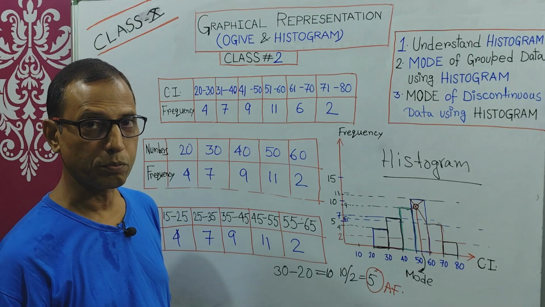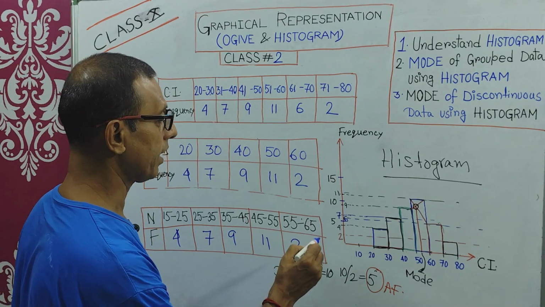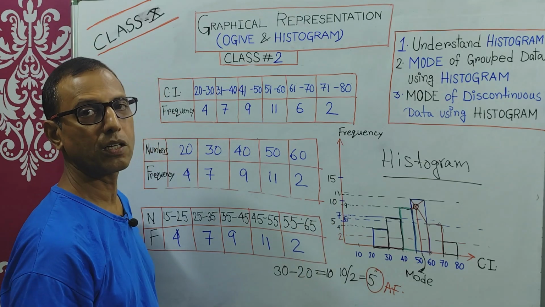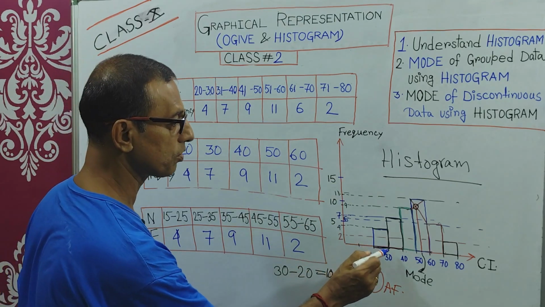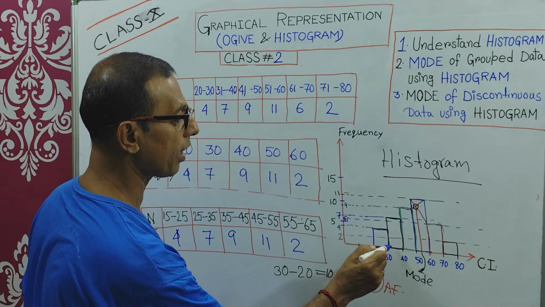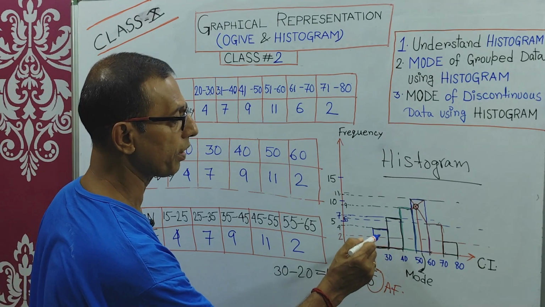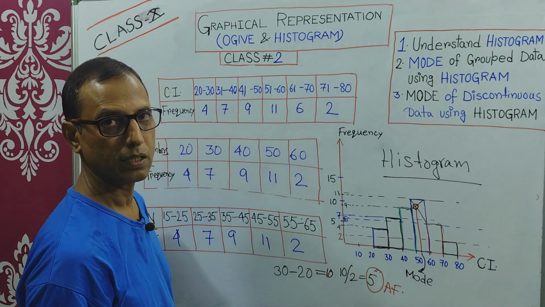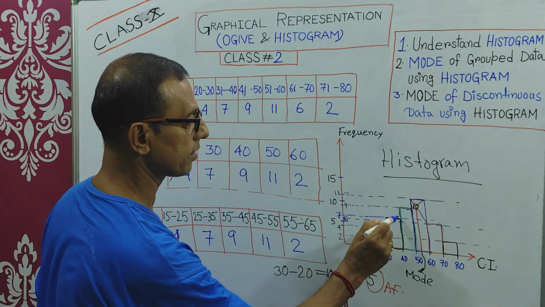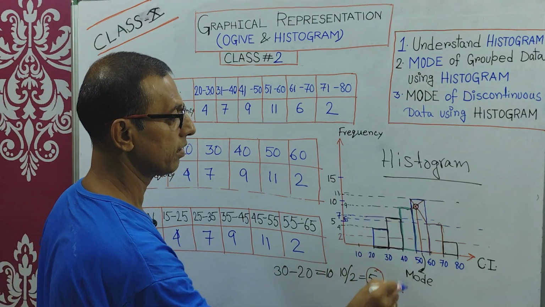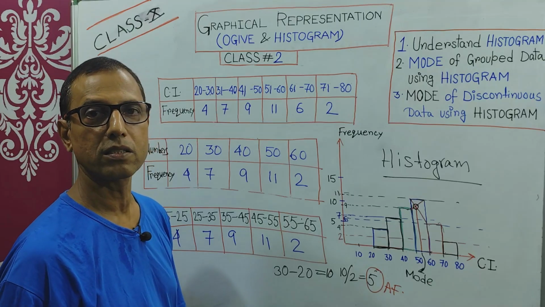Even though your data is grouped, if it's not continuous, you cannot draw a histogram. Because in a histogram, between two class intervals there is no gap. It's continuous data. That is why it looks like this: adjacent rectangles, with no gap between two rectangles.